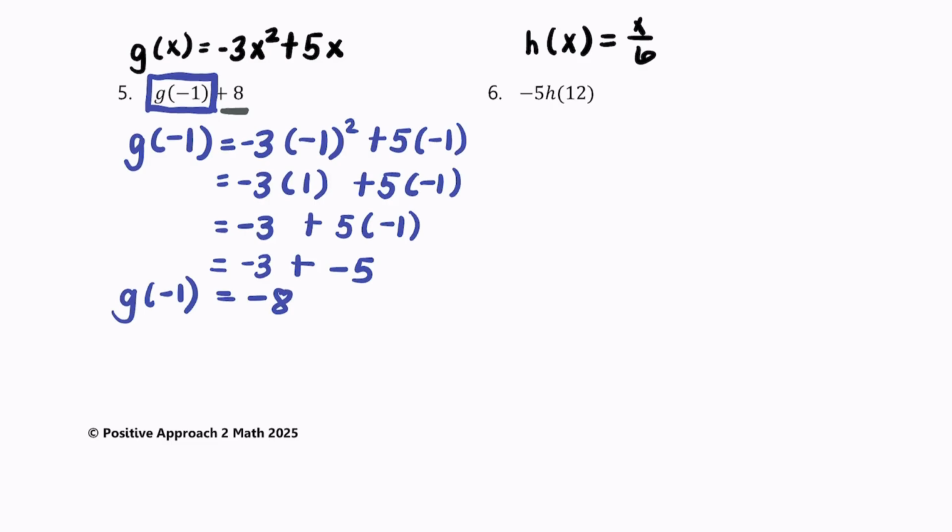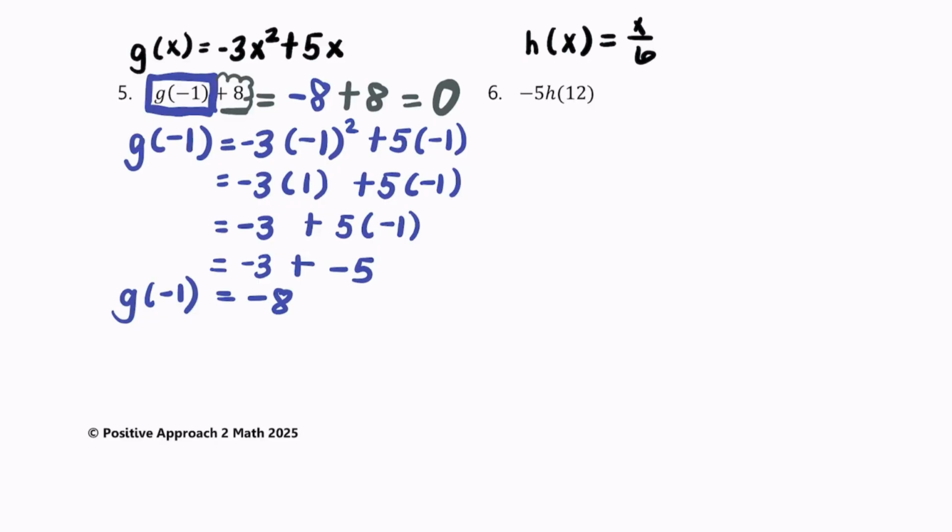So now I'm going to substitute in what g of negative 1 is equal to, which is negative 8, and then I'm going to do plus 8. I'm just carrying that thing over, and I get 0 as my answer. So when I evaluate g of negative 1, I get the output of negative 8, and then I add 8 to it, we get 0.